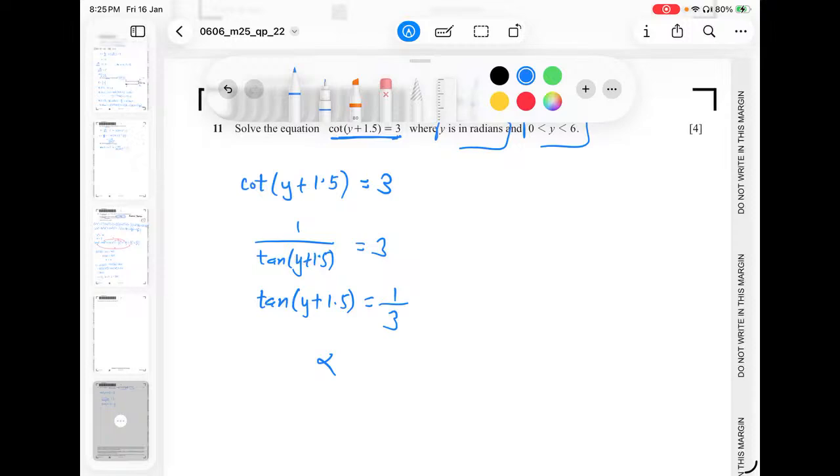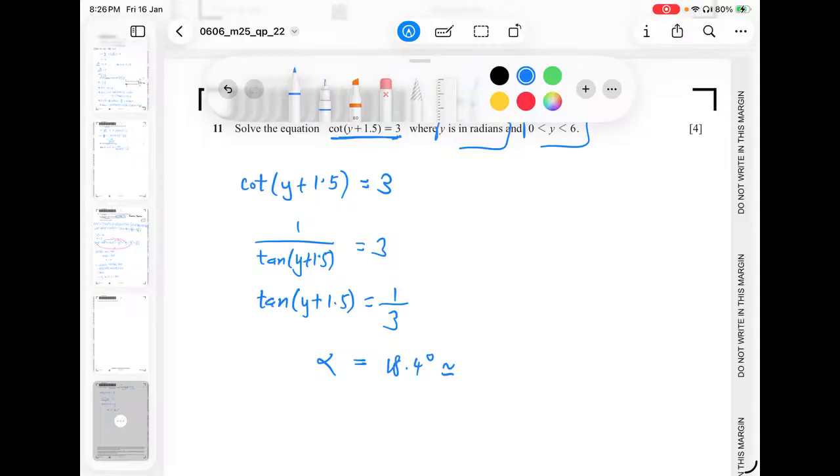And again we need to find the basic angle because you have a range. So the basic angle should give you tan inverse of 1 by 3, which will give you 18.4 degrees.